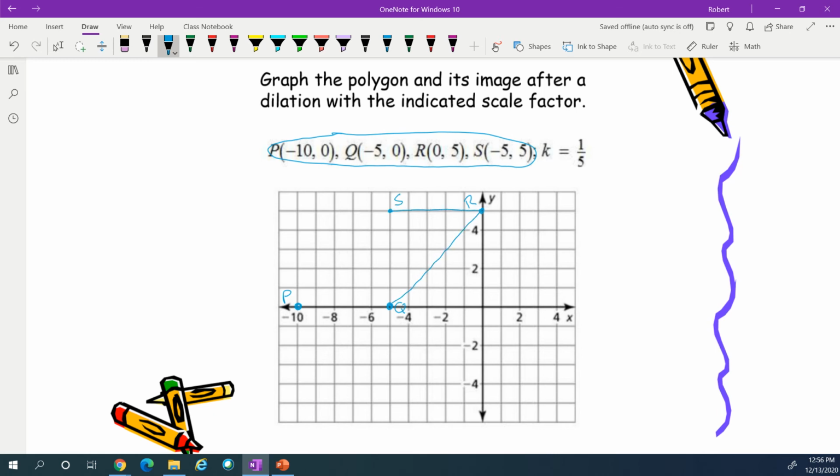So we have a parallelogram here. Our scale factor is 1/5. We're going to multiply every number by 1/5. So P prime, negative 10 times 1/5 is negative 2, and 0 times 1/5 is 0.